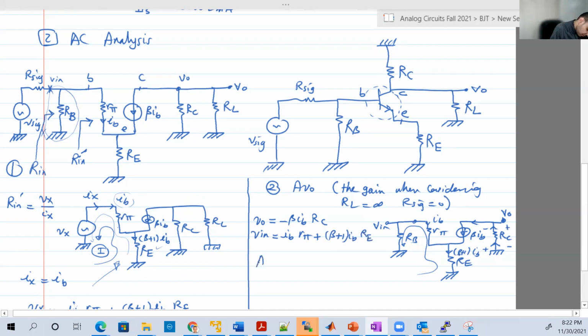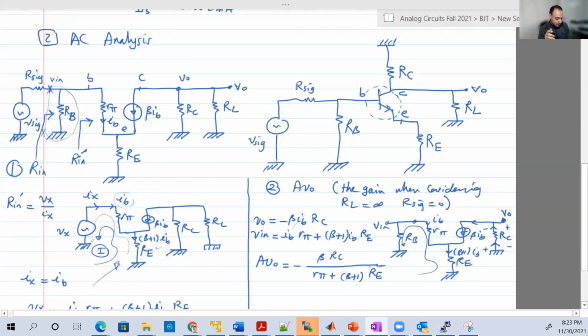Now AV naught equal to VO over Vn. So basically it will be minus, IB will go away because it's a common factor in both VO and Vn. So it will be beta RC over R pi plus beta plus 1 RE. That's AV naught.